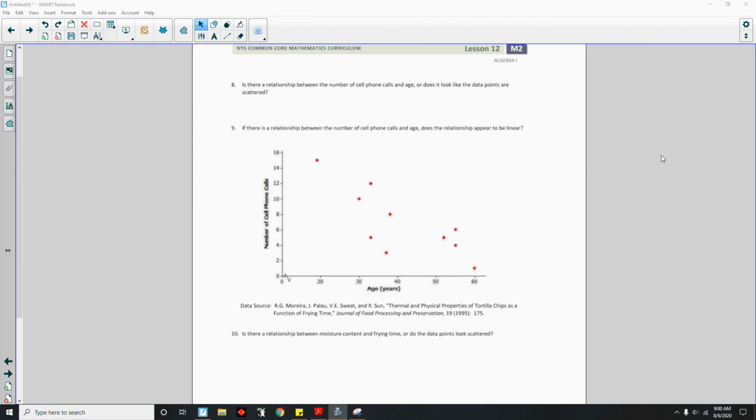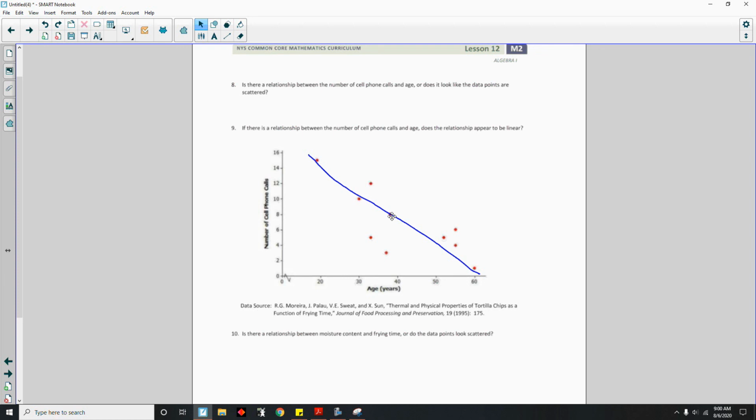Okay, here's page 5. I've copied the scatter plot from page 4 and put it below number 9 here. So question number 8 says, is there a relationship between the number of cell phone calls and age, or does it look like the data points are scattered? Okay, so again, if we look at this data and I draw a line like we have been doing, it looks like there is a linear correlation like so.